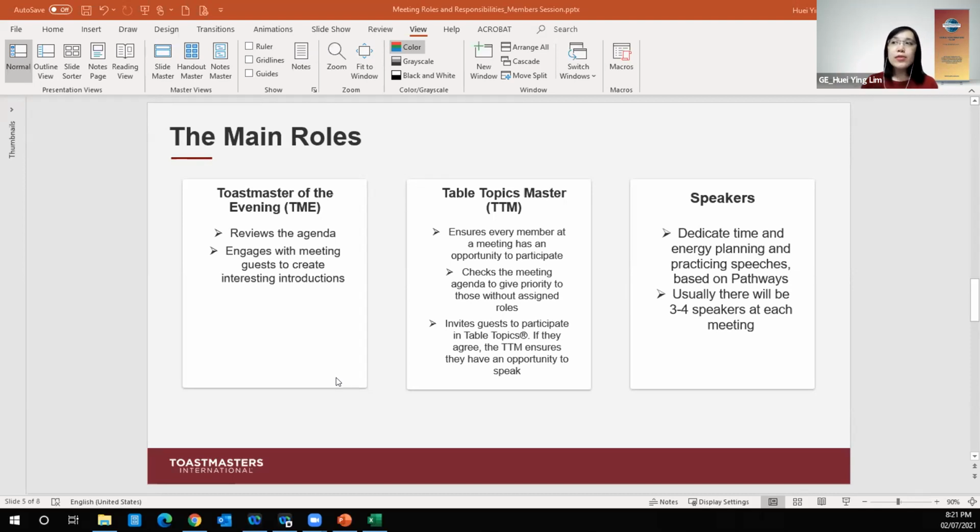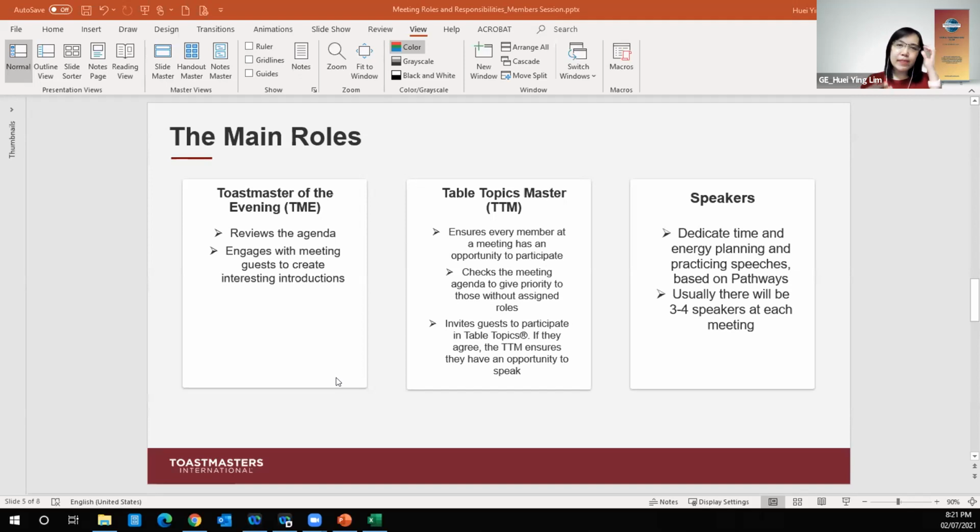For the table topic master, it's important to invite those members that do not have a meeting role, giving them priority to participate, and also to invite guests to participate. So at least guests would have the opportunity to speak during table topics and also experience how it is done. So that is the role of the table topic master.